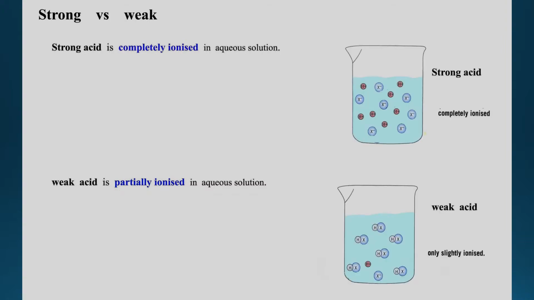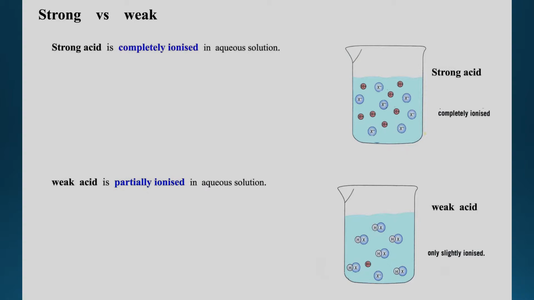Now look at the strong acid, the top. They completely ionize. Here I put 7 acid molecules. Once I put them in water, they all separate. So how many H plus ions now? You will have 7.